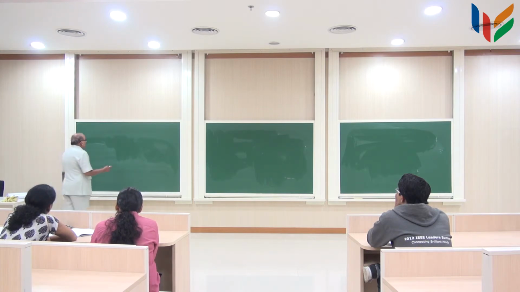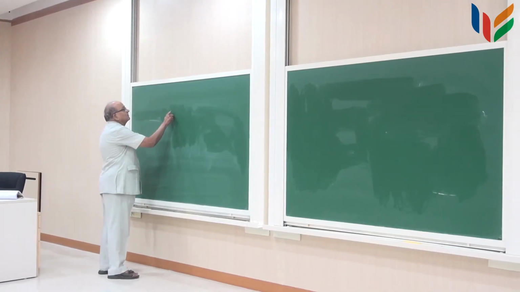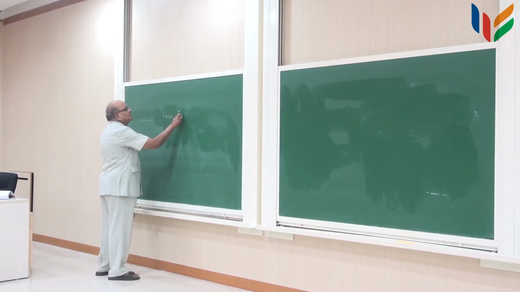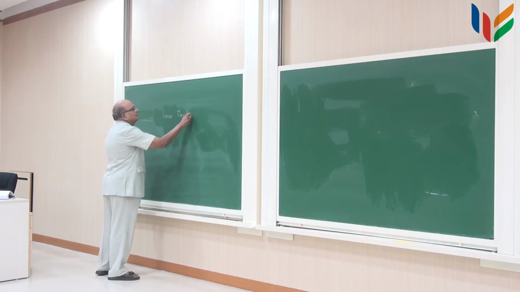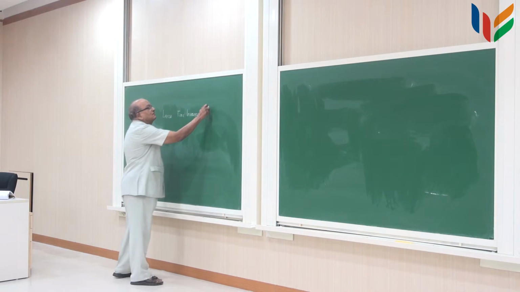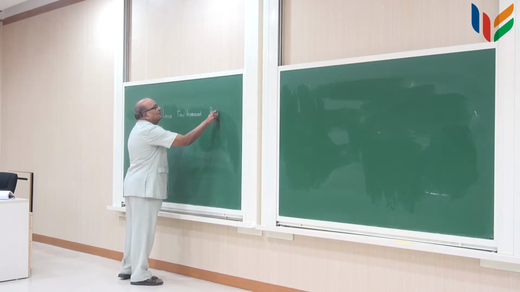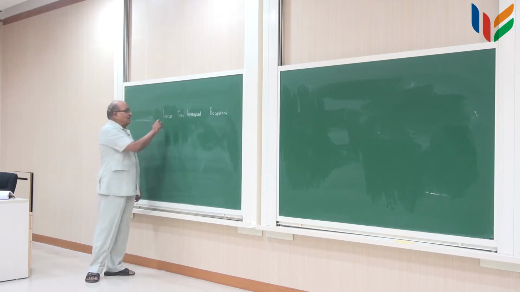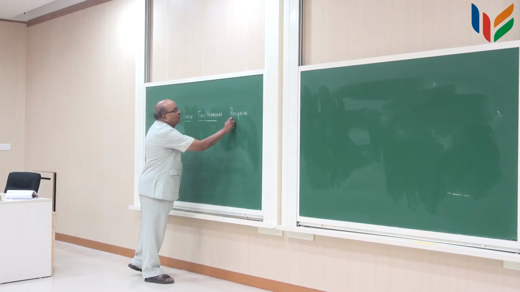So, till now what we studied is linear, time invariant, reciprocal, right? These are the adjectives which you have used. One is linear, one is time invariant, one is reciprocal.